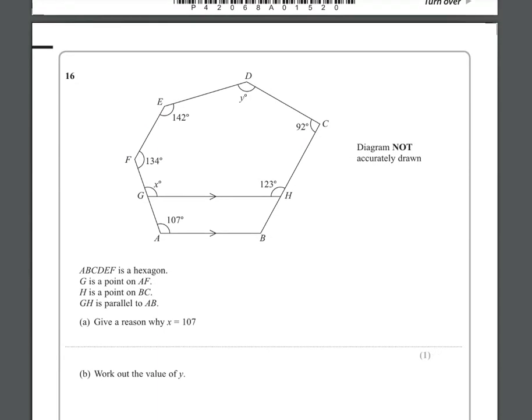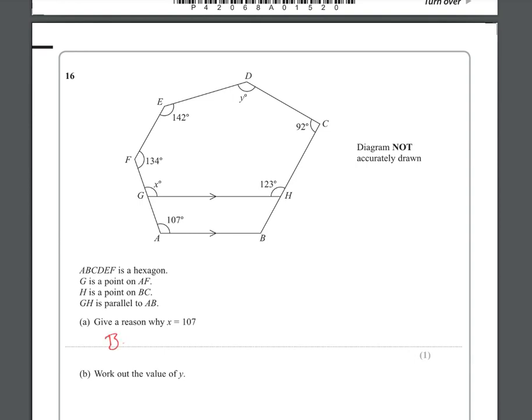Okay. Give a reason why x is 107. Well, it's because of the parallel lines, but we need to give a reason. Remember, there are different types of angles on parallel lines, and these ones, this is the same set. So this one we just shifted up in this corresponding set.